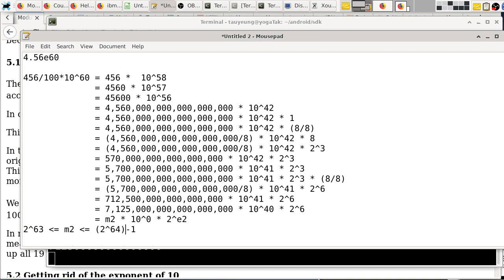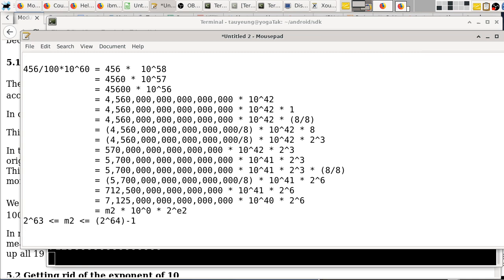So with an M2 like this, what do you think this M2 is going to look like? It is greater than or equal to 2 to the power of 63, but it is also guaranteed to be less than or equal to 2 to the power of 64 minus 1. What do you think is going to be bit 63 of this mantissa?